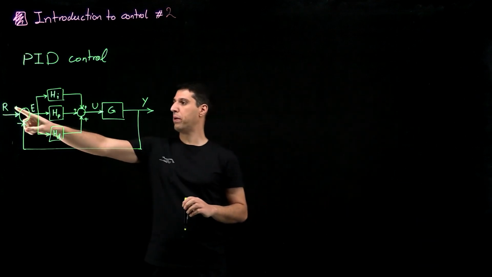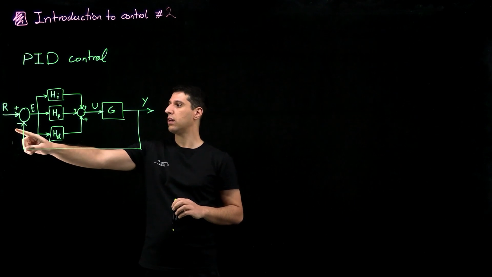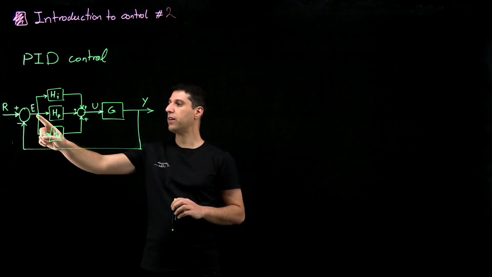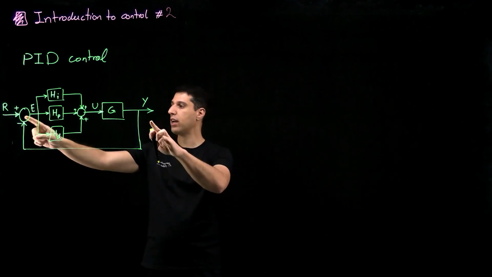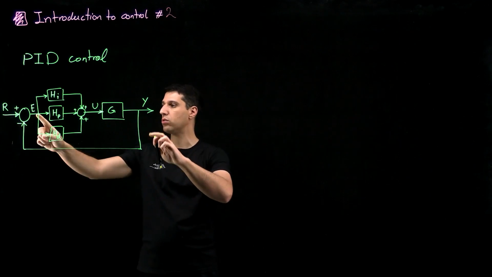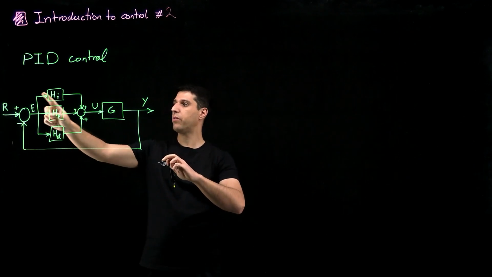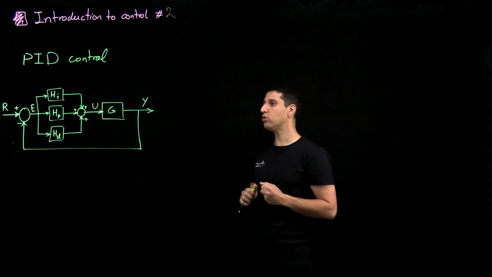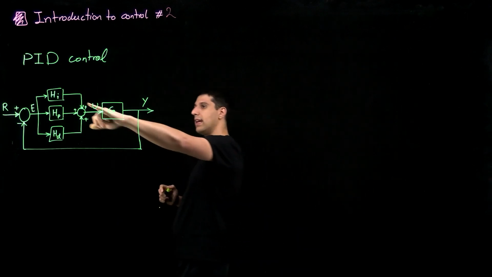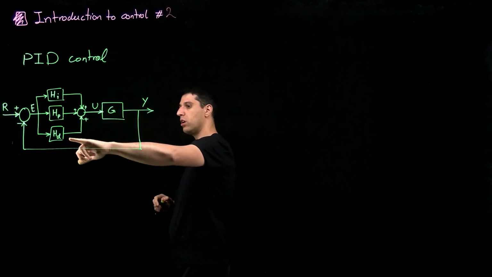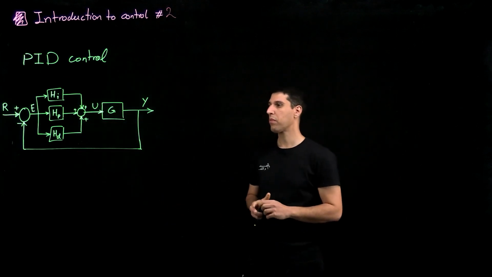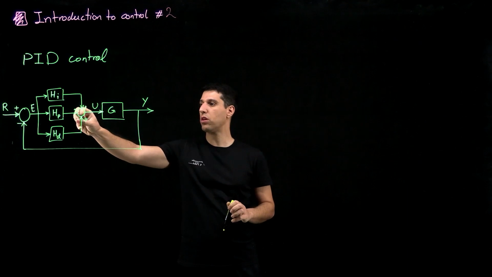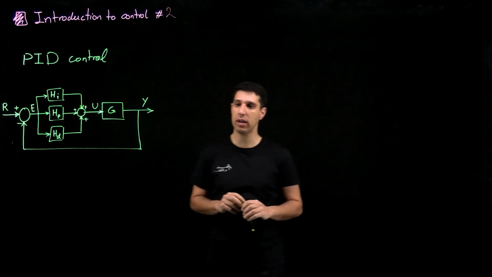So I can compare those, take the error between the actual and the desired values, and then feed that to three separate control modules, if you will: the integral module, the proportional module, and the derivative module, and calculate the output of each and then sum them together.